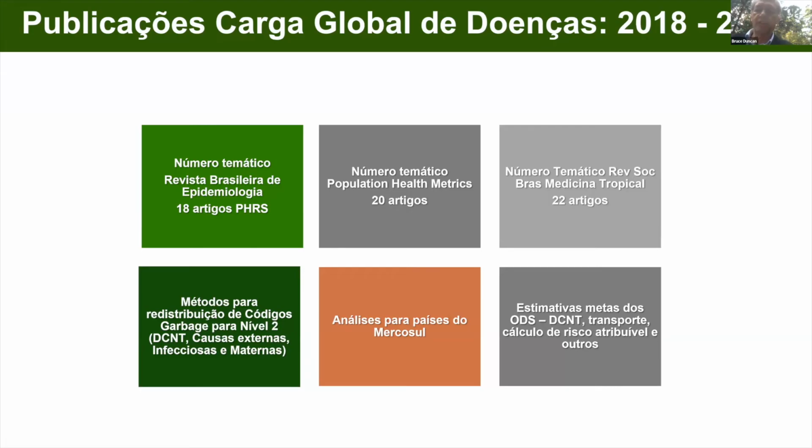It has stimulated production of several other articles, some of the topics of which are mentioned here, for example, analyses in countries of Mercosur. And so publication is probably the main activity of the network. But the network does a lot of things above and beyond that.